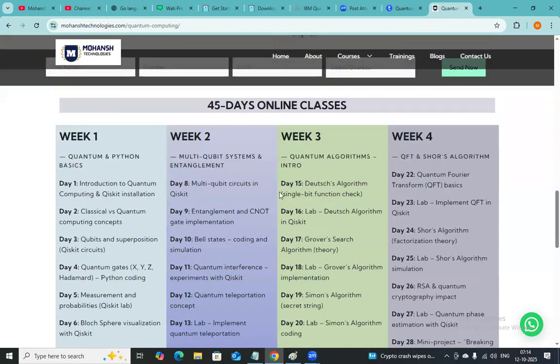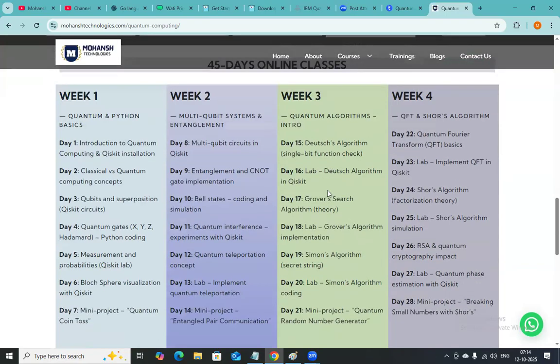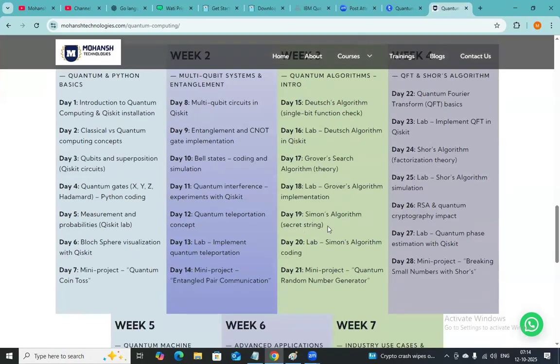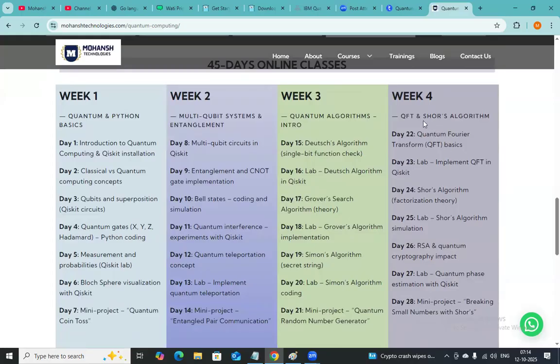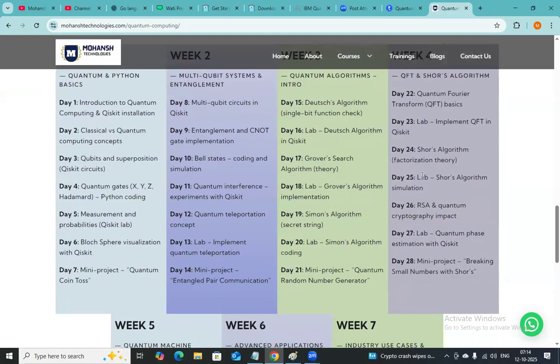Week 3: quantum algorithms introduction, Deutsch-Jozsa algorithm lab, Grover's algorithm lab, Simon's algorithm lab, mini project. Week 4: Shor's algorithm, quantum Fourier transform and lab, Shor's algorithm factorization theory lab, Shor's algorithm simulation, RSA and quantum cryptography impact, quantum phase estimation.